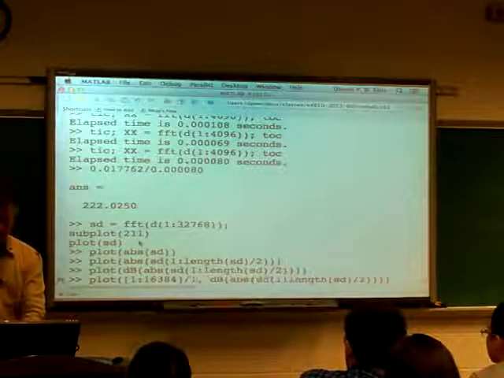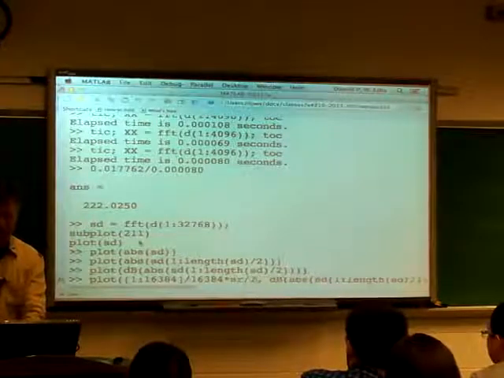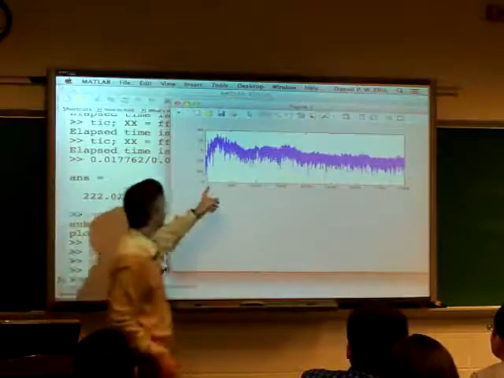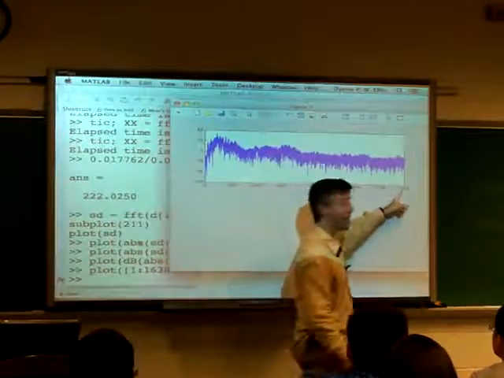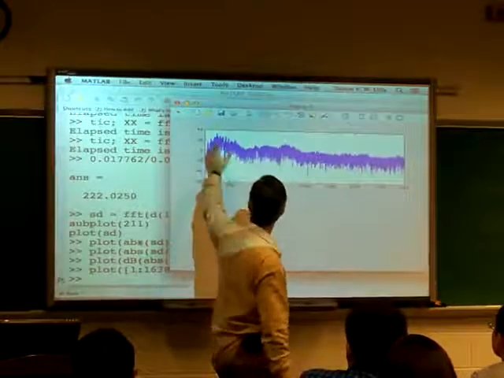So we can convert those into the corresponding frequencies by normalizing them by 16384 and then multiplying them by the sampling rate on 2. And now we get a plot where this is in hertz. This was 16 kilohertz sampled speech. So now we've got the spectrum in terms of hertz and the dB level.